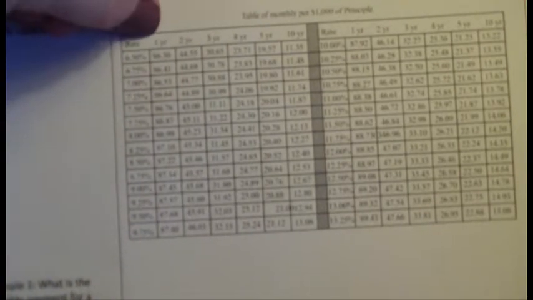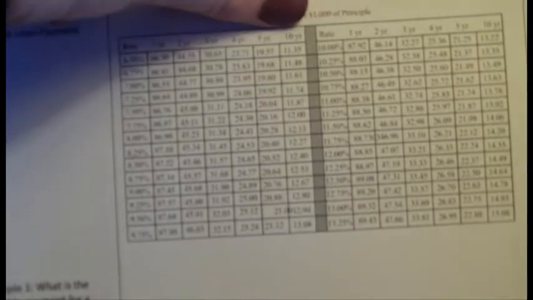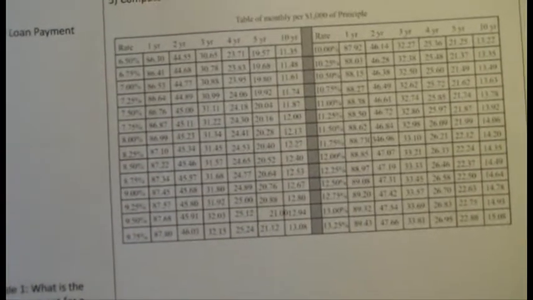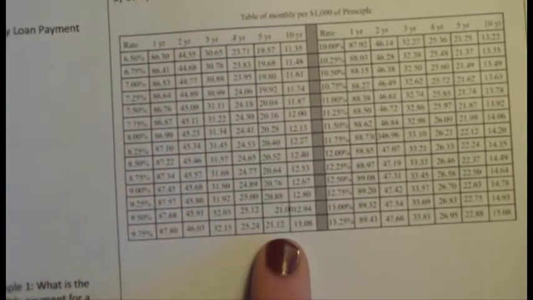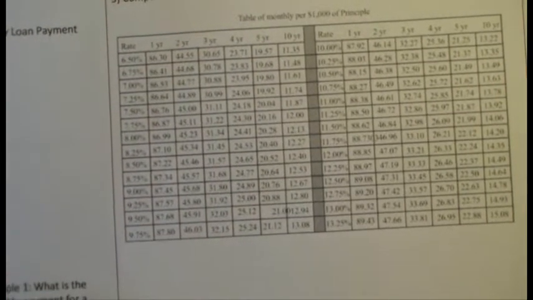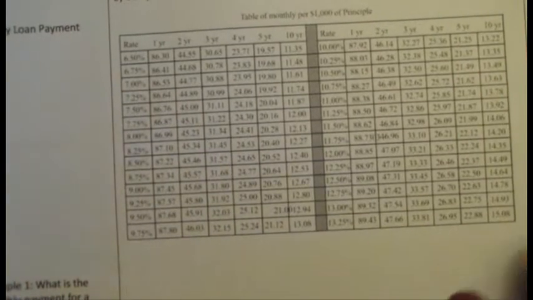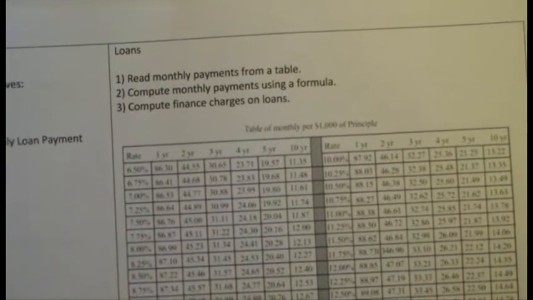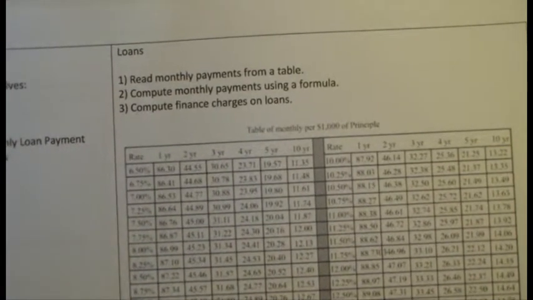Up here at the top, it says 1 year, 2 year, 3 year, 4 year, 5 year, 10 year. That means the length of the loan. If it's a 5-year loan, you would use that column. If it was a 1-year loan, you would use this first column. This table is monthly payment per $1,000 worth of principal.